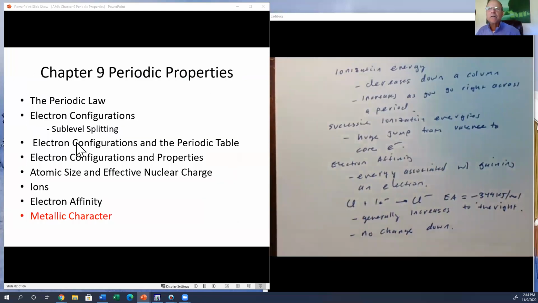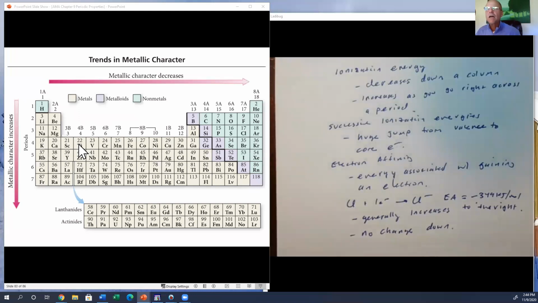Lastly, metallic character. If you remember, we've talked about metals and nonmetals already in this class. Metals have a tendency to do what in their chemical reactions? Lose electrons, right? So from the trend in ionization energy, which is the energy required to lose an electron, we should be able to tell the trend in metallic character.